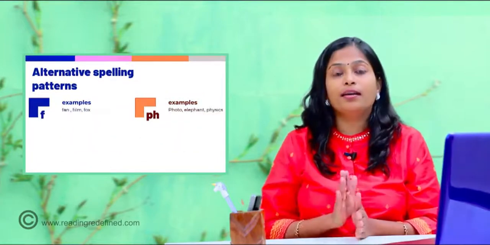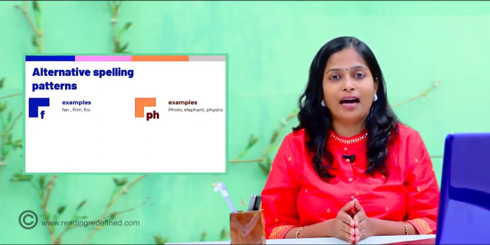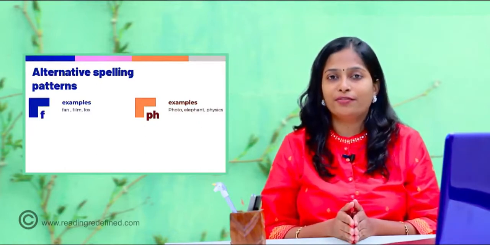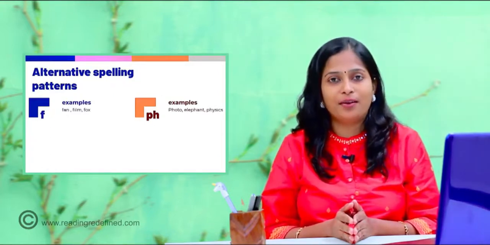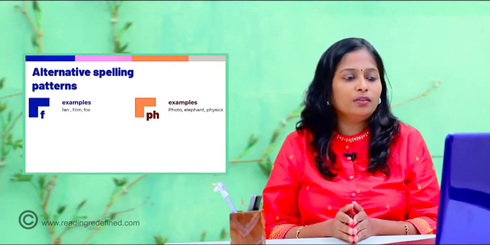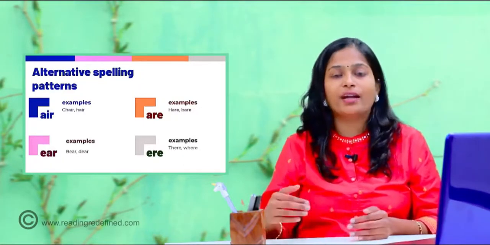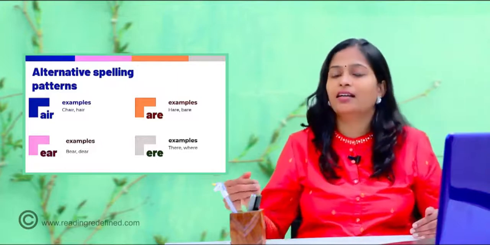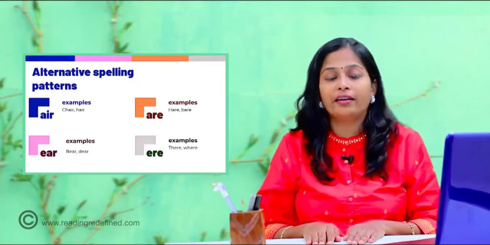So now we have PH making the F sound, in words like photo, elephant. Then we have AIR, ARE, EAR and ERE taking the same sound of air.